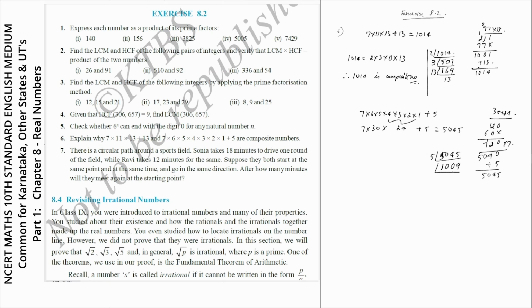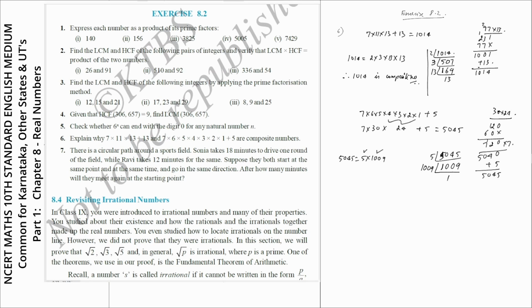See, 1009 is actually a prime number. 1009 is divisible by 1009 only. So 5045 I can write as 5 into 1009. So it means 5 is one factor of 5045, and 1009 also is a factor of 5045.